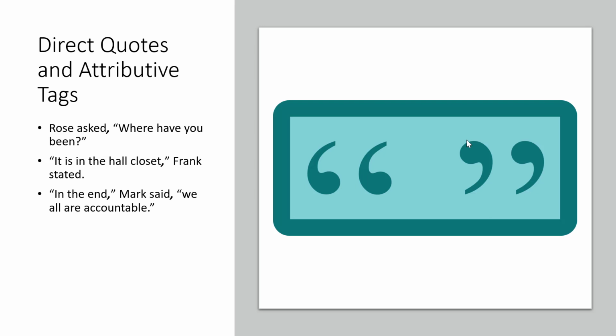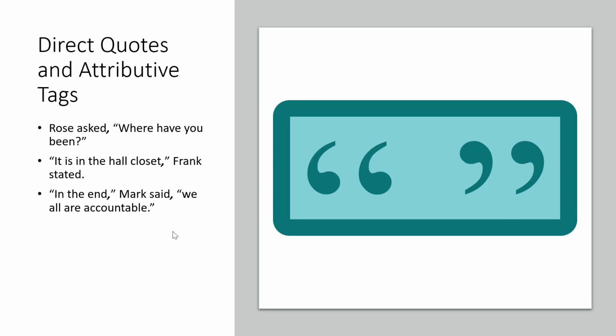And when you are breaking apart your quote, you need to make sure that both parts of the quote are enclosed in quotation marks, and you would have a comma after the first half and a comma after the tag stating who is making the comment. And as you will notice, in this example the period is inside of the quotation mark, as periods always are.